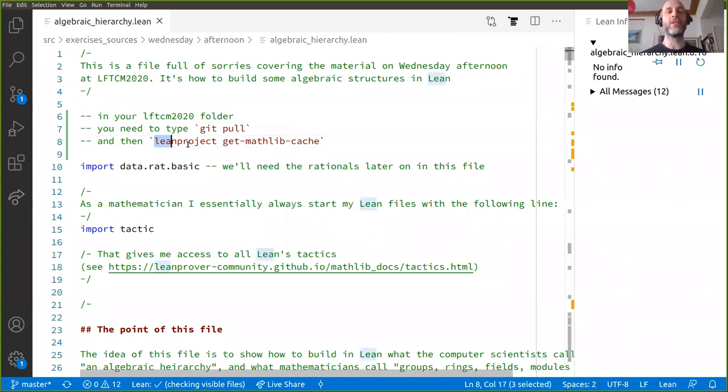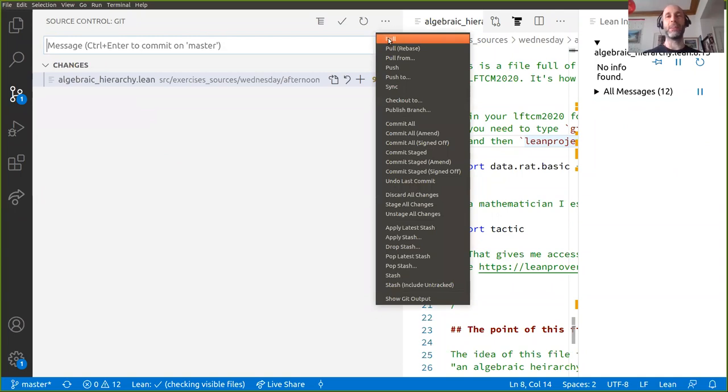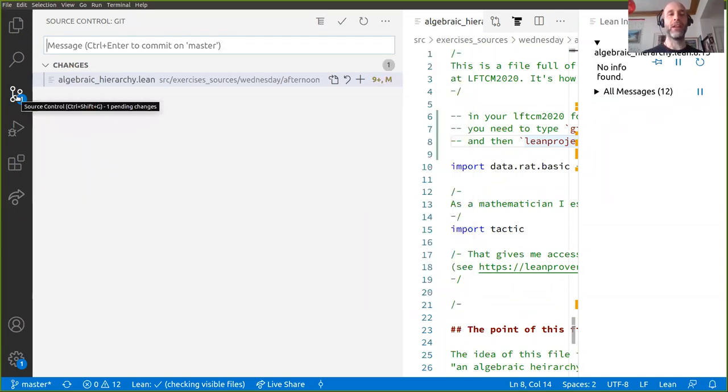You might not even have to do this. It might work fine. So if you want to live life on the edge, you could probably just click here on that little Git thing, click on these dots that I can't get to because something's in the way that you can't see and I can, some stupid Zoom thing. But if I could get to it and then just click pull, everything might work fine.